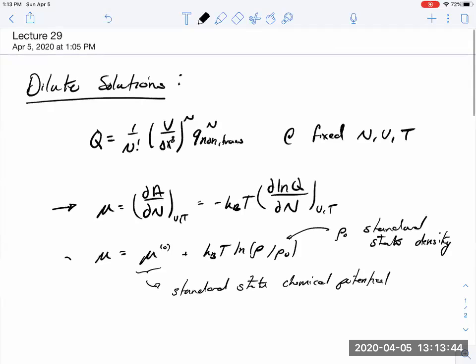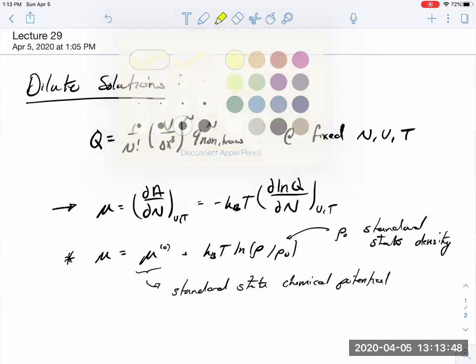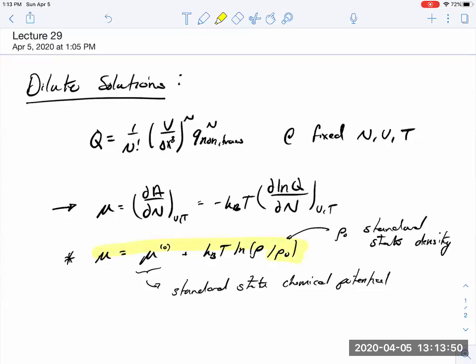So this simple expression, this form for the chemical potential, which isolates the density into that second term, is super convenient. And we started exploring a number of consequences of such a simplistic form.